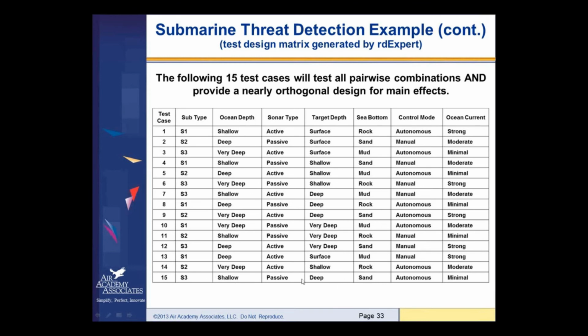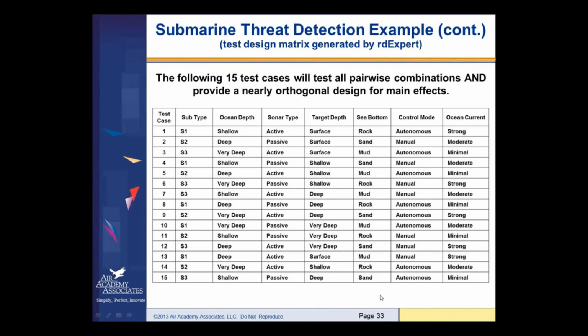And you can go through S3 and sand. It is done before. S3 and autonomous is done. S3 and minimal is done. Shallow, start with the second one and now go forward. Shallow and passive is done. But you get to sand and minimal. The sand and minimal has not been done. You will not find that anywhere else in the previous 14 runs. Autonomous and minimal, you will. That's right up here.